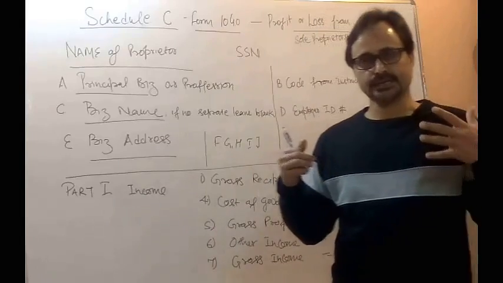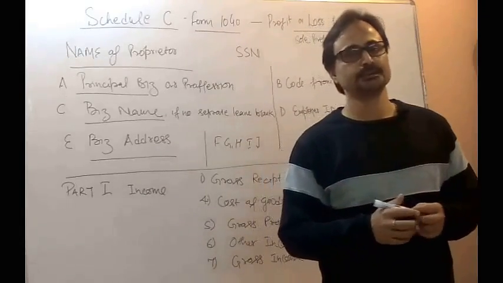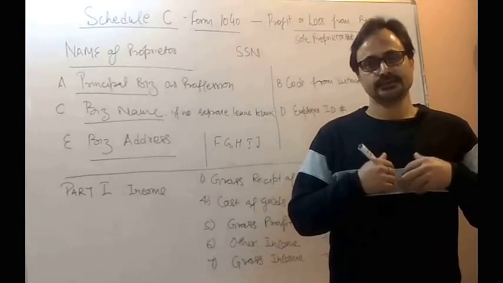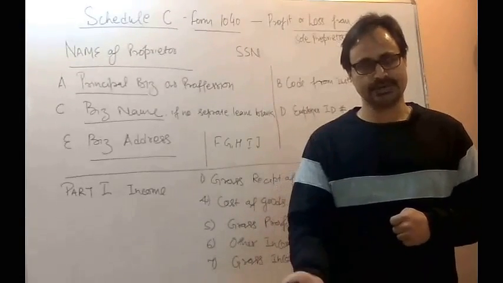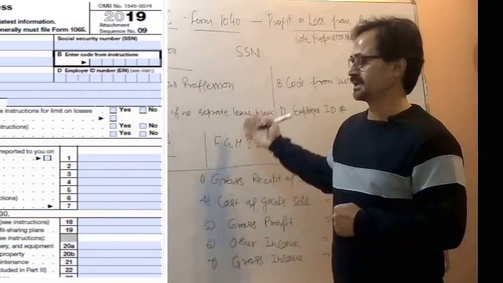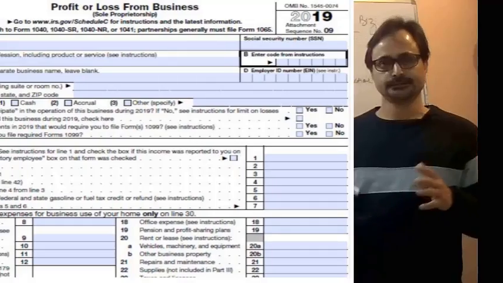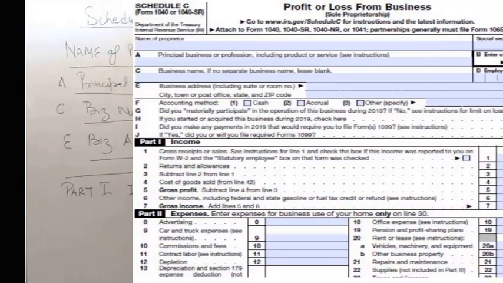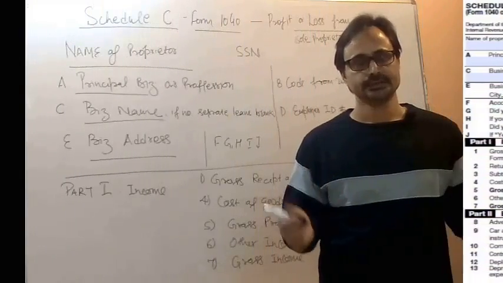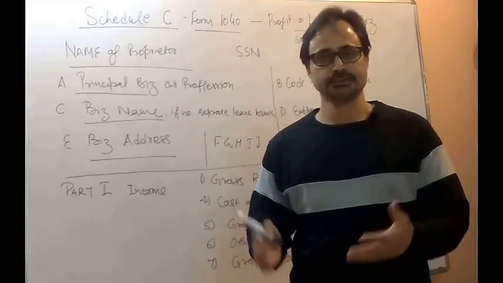So whenever any person owns that kind of business, and they need to file the tax return, this is the form. Schedule C will be filed by them, and they will be declaring all their income, profit, and loss on this form.